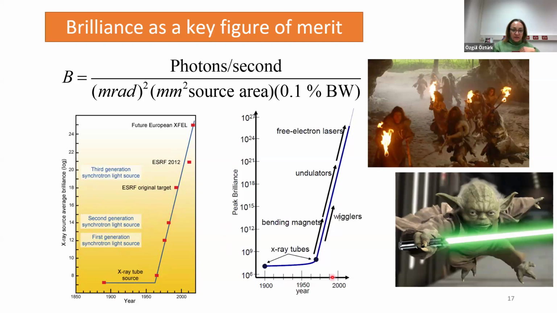In this plot, you see this even more by comparing different radiation mechanisms. Bending magnets improved things, yes. Wigglers pushed it more. Undulators gave another huge jump. And finally, free electron lasers increased the peak brilliance by many orders of magnitude further.